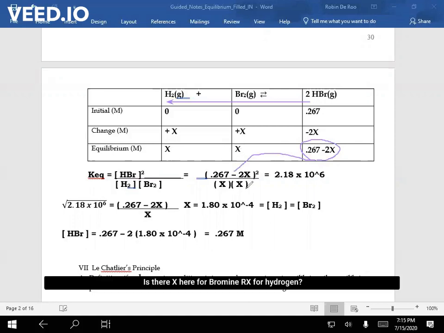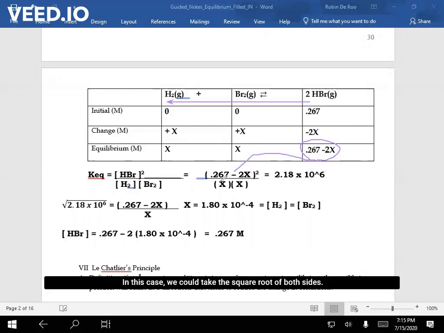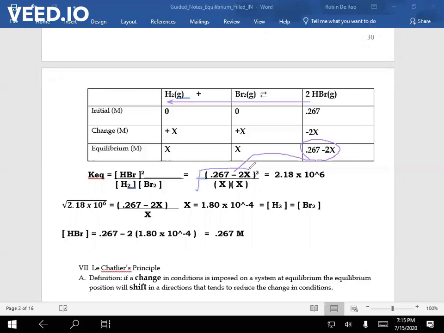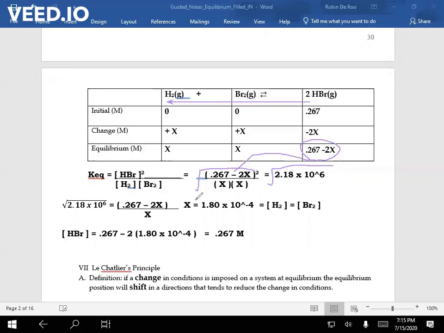Here's our X for bromine, our X for hydrogen, and then this was given in the problem, the equilibrium number. In this case, we could take the square root of both sides. And when we do that, that simplifies the equation, and then we can solve for X from there.